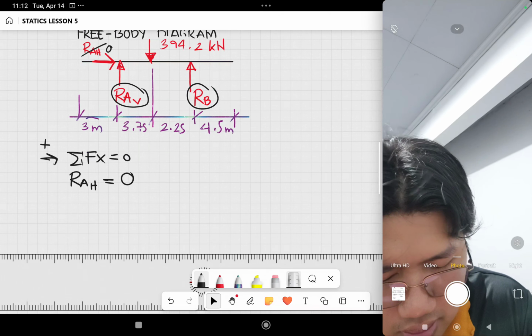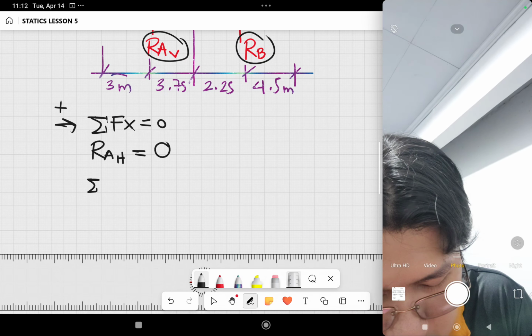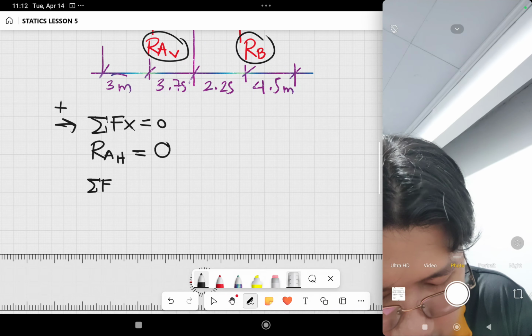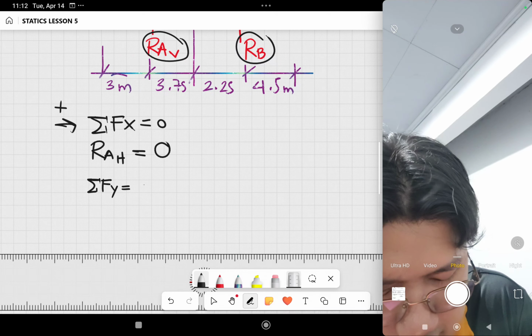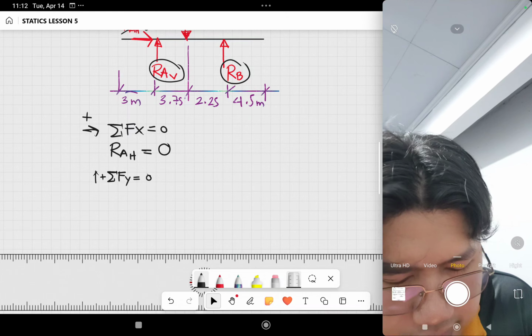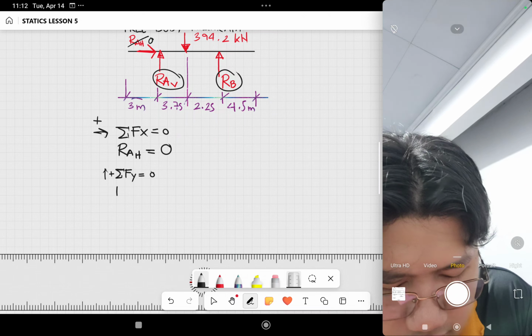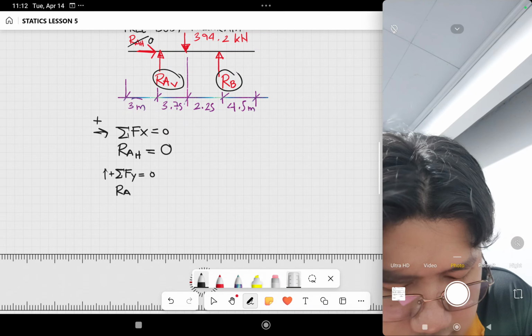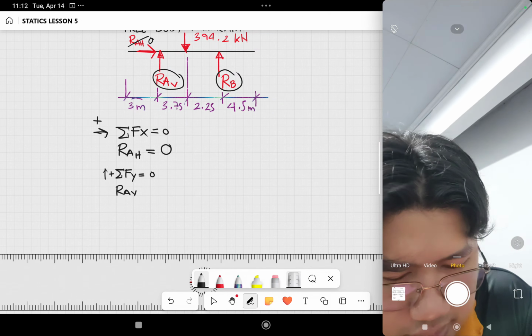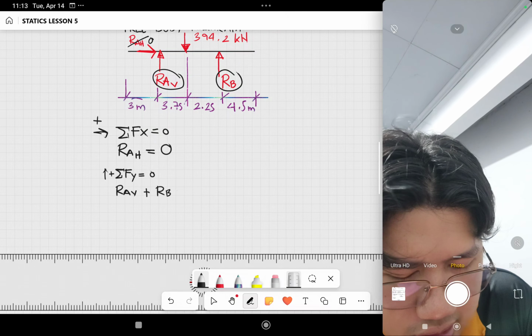So, pwede nyong gawin if try nyo una, summation Fy equals 0, tingnan nyo yung mangyayari. So, we have RAV positive, no? Since pataas siya. We have RB na positive since pataas siya.